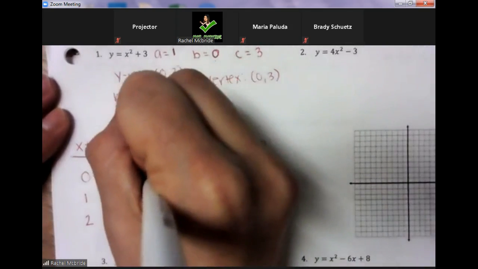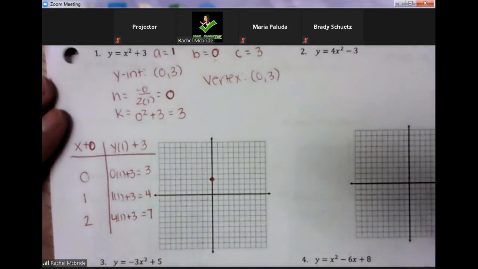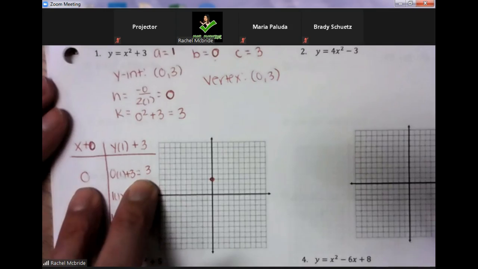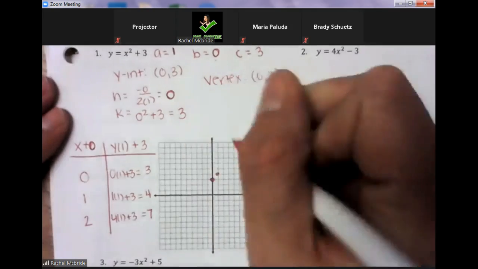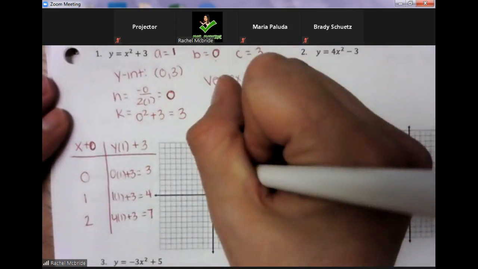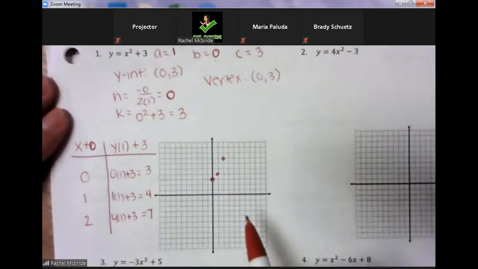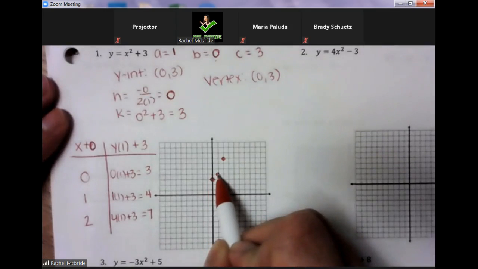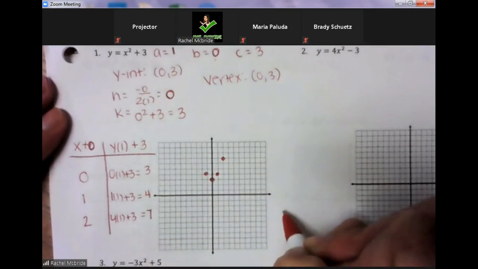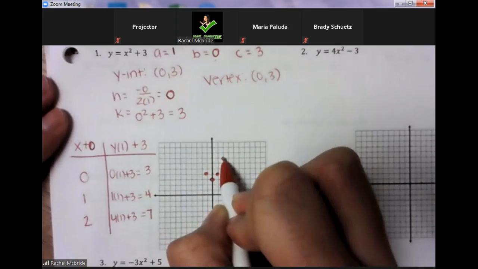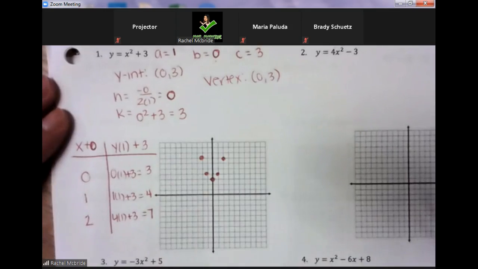So I get 3, 4, and 7. So I plot the point (0, 3), which is on my graph, (1, 4), and (2, 7). And again, I know the point goes up 1 and right 1 from my vertex, it goes up 1 and left 1 from my vertex, up 4 and right 2, up 4 and left 2, all from the vertex.